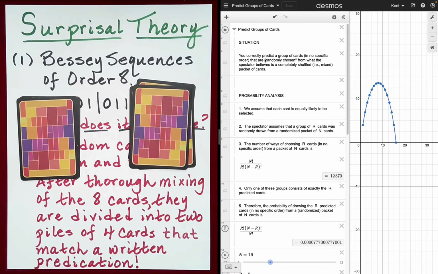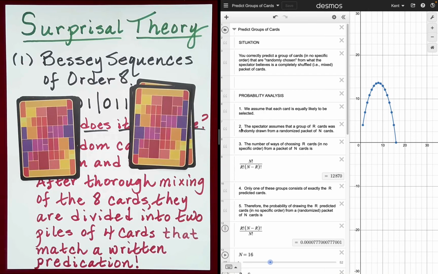You correctly predict a group of cards in no specific order that are randomly chosen from what the spectator believes is a completely shuffled, that is, mixed packet of cards. Probability analysis. We will assume that each card is equally likely to be selected for any one group.